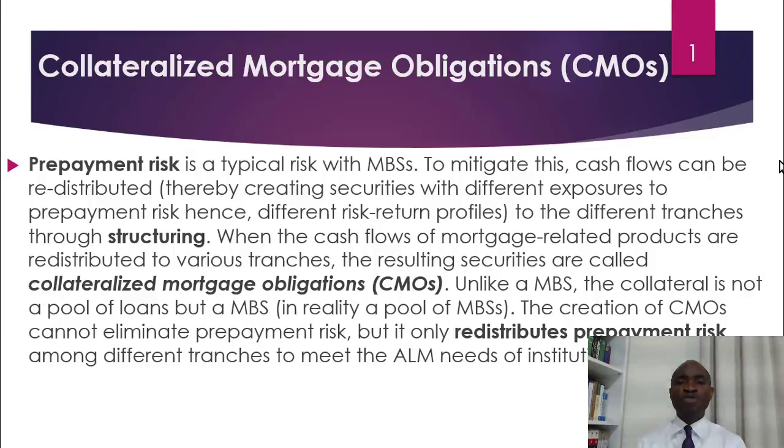You create different tranches, and then you distribute the cash flow, the principal repayment, the prepayment, and the interest, in such a way that you manage prepayment, what we call time tranching. The structure you have by doing this is called a collateralized mortgage obligation.